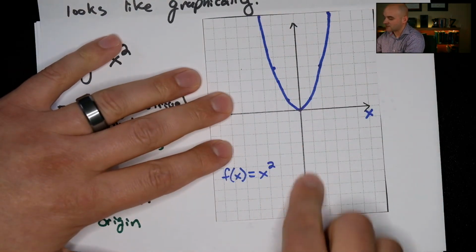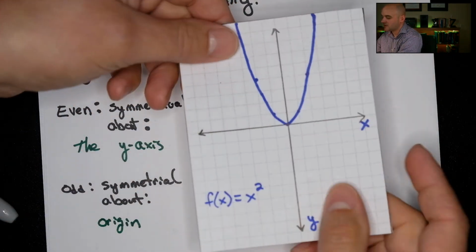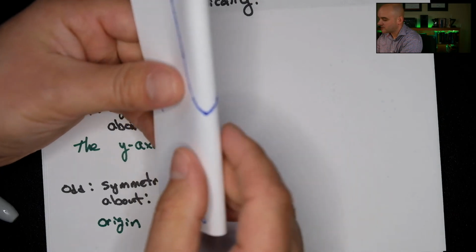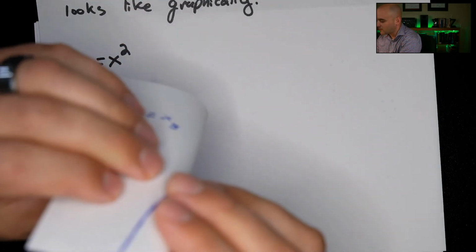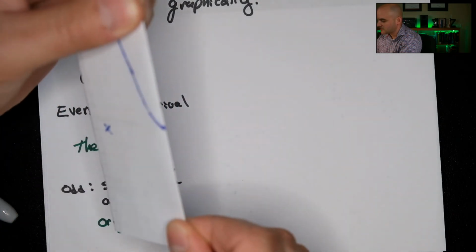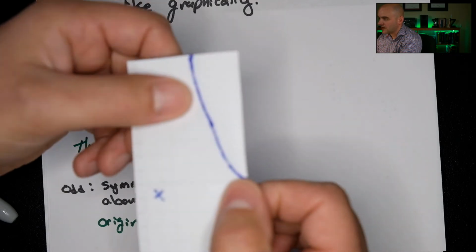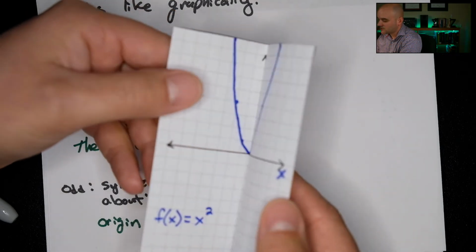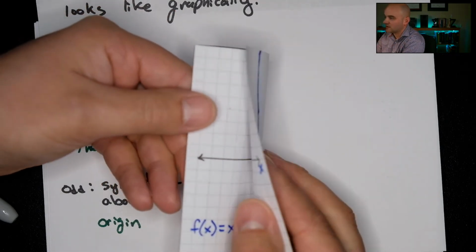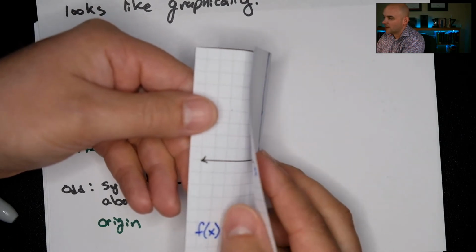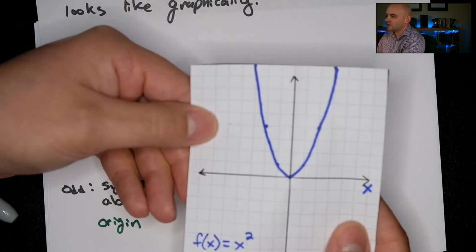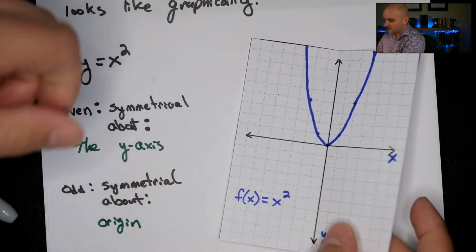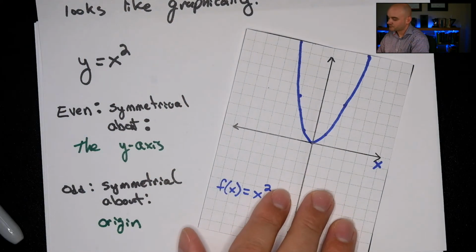Here's our y-axis, right? We can take this x squared and fold it in half right on the y-axis. And if you were to hold this up to light, it should match up perfectly, kind of like that butterfly look when you do an ink blot or something like that. So these match up perfectly. So this is an even function.